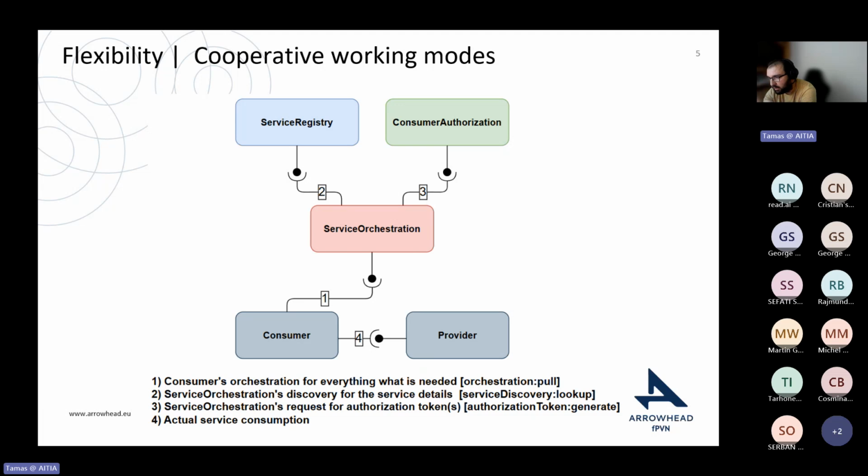After everything is ready, it will send back the orchestration results to the consumer, containing all the authorization tokens and only those providers who are authorized to be consumed by the specific consumer. Your consumer only has to choose the right provider from the list and use the tokens to start its service consumption. So everything is managed by the framework.